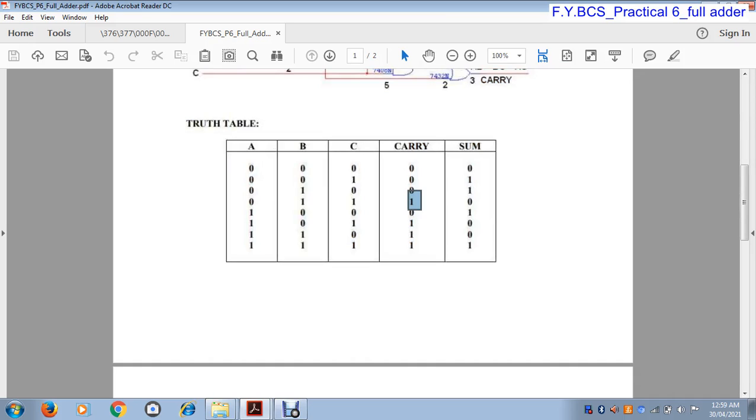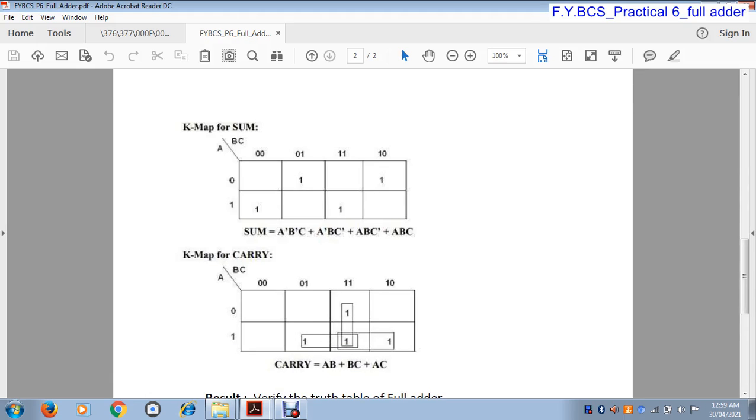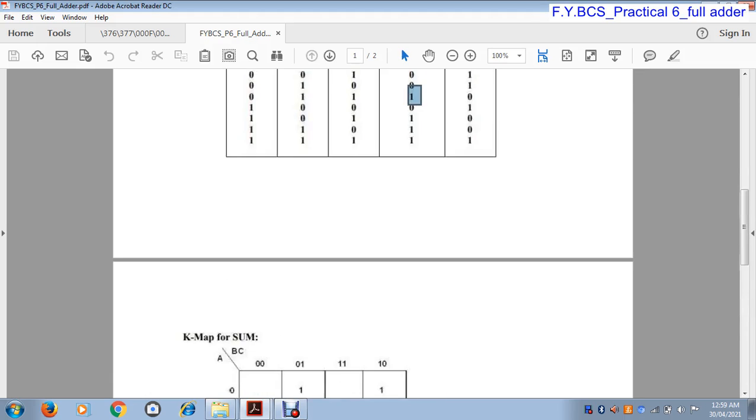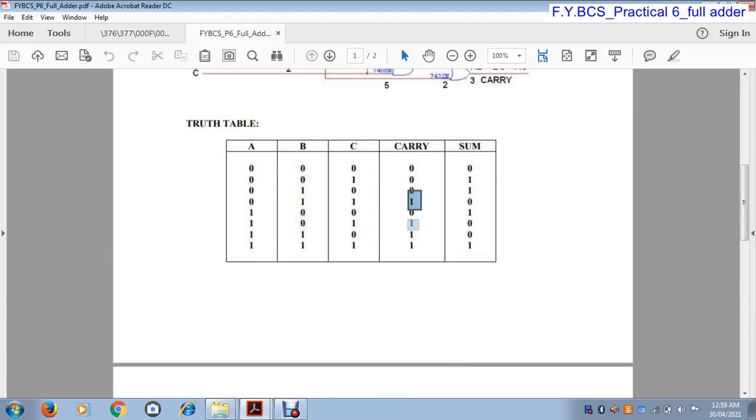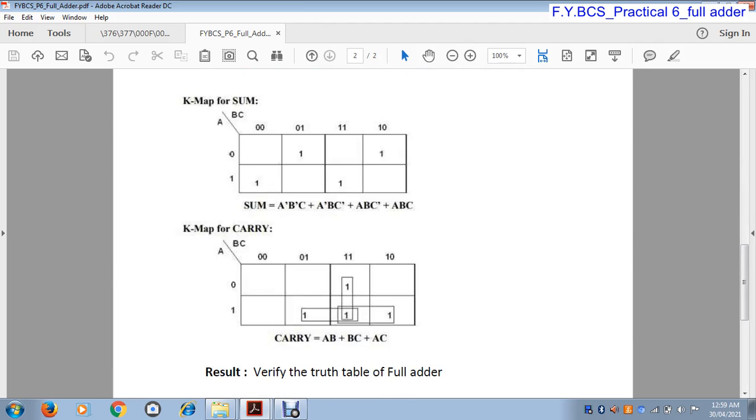So here for carry, the condition for this one is A bar B C. So here we write a 1. Now the condition for the next one is A, B bar, C. So here we write 1.